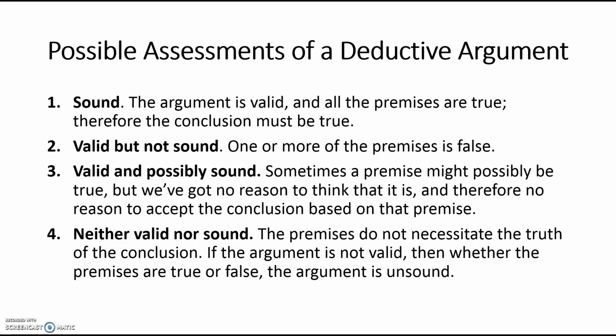No dice. Maybe you can't tell whether or not the premises are true or false. You think it's a valid argument, but you're not sure about the premises. In that case, it's valid and possibly sound, but we've got no reason to buy into it yet. And then finally, if the argument's not valid, then it's definitely not sound. Do not pass go. Do not collect $200. You lose if it's not valid.